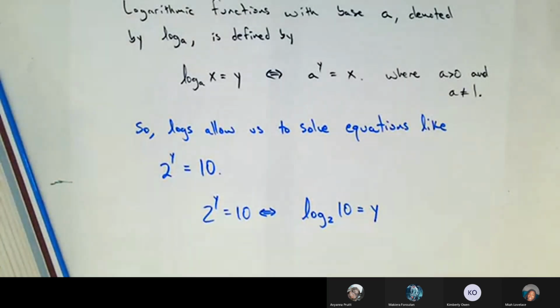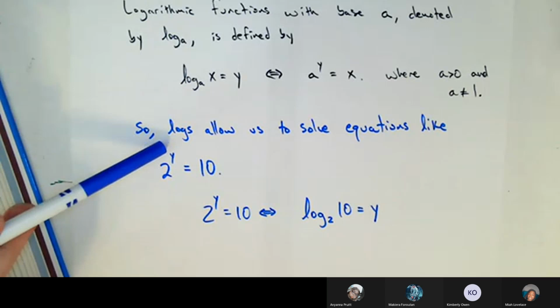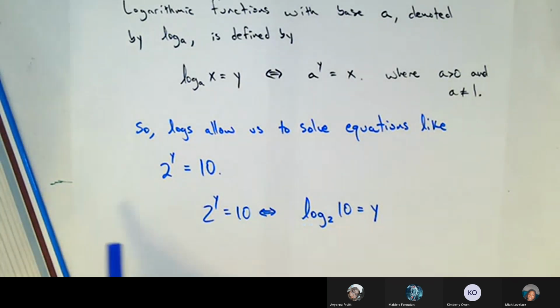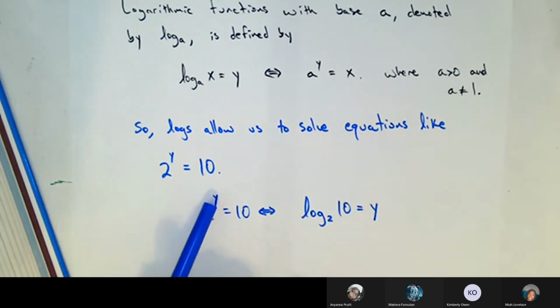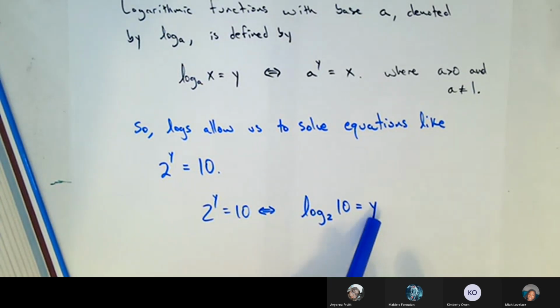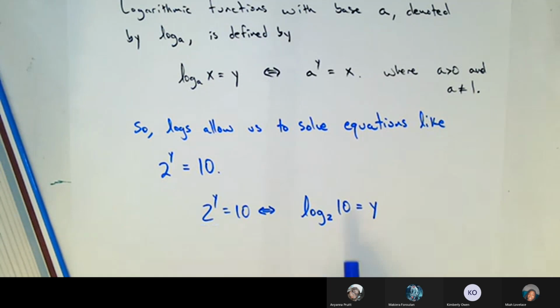So why is this such a big deal? Logs undo exponential functions. Exponential functions stuff the input variable, the independent variable, up in the exponent position. I'm going to give you more details about what that looks like algebraically, but what the log does is get the variable out of the exponent position and plop it by itself on the other side of the equal sign.